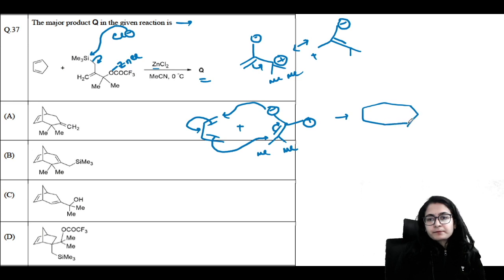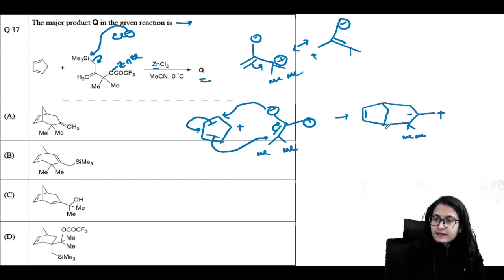See, you are having these two methyls over here, all right? This carbon having a positive charge, the central carbon having a negative charge, okay? And this is the electron density. And sorry, you also have one bridged CH2, so this is going to be bridged like this.